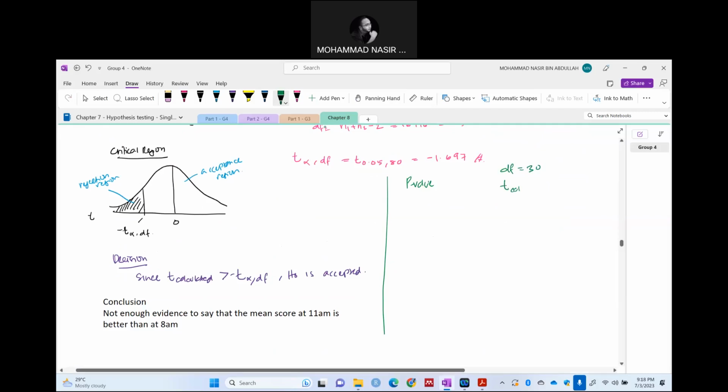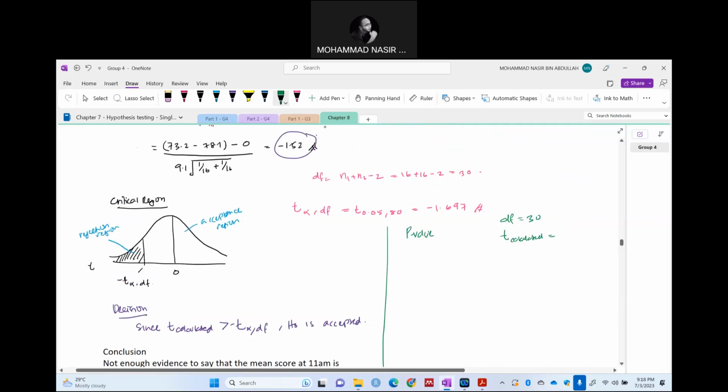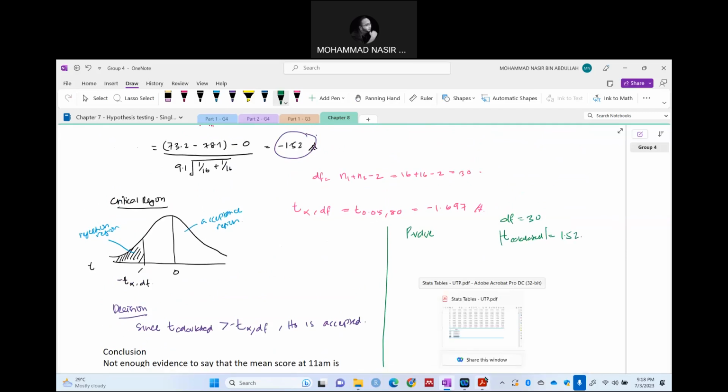T calculated is equal to how much? Absolute 1.52. And we look at the statistical table.